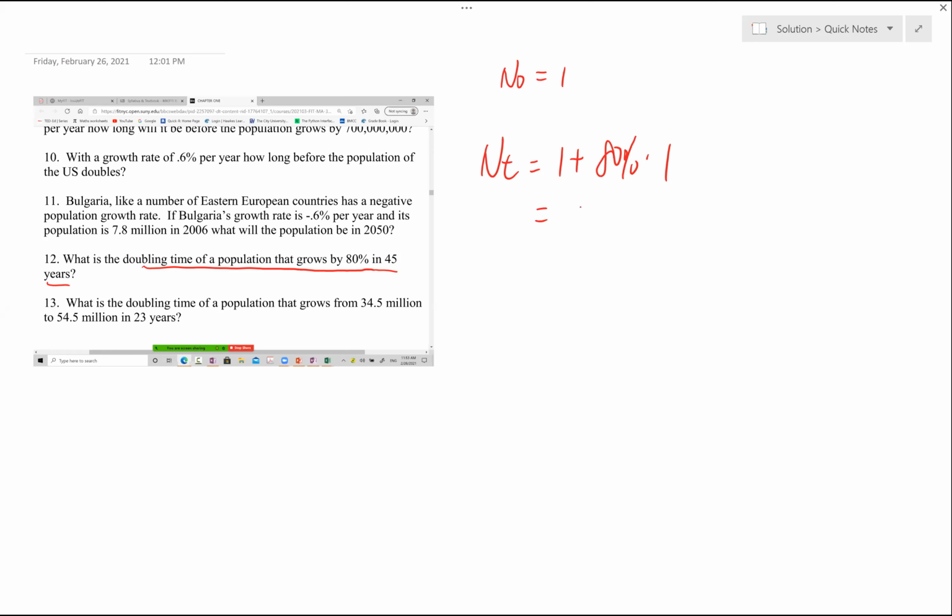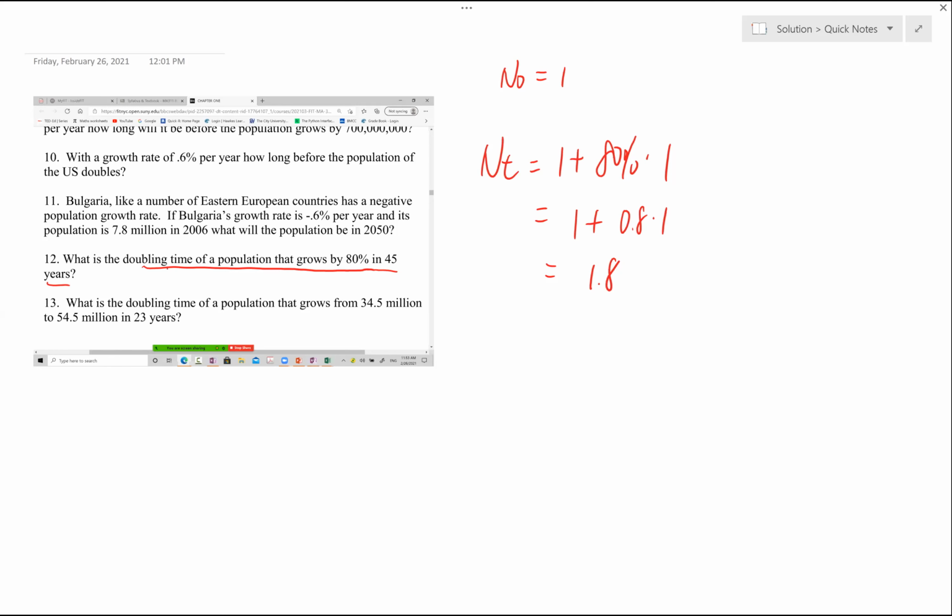That probably would be easier. So 1 plus 0.8 times 1 turns out to be 1.8. That means after 45 years, the population becomes 1.8 times as much as the initial population. So we're assuming the initial population as 1 unit, and now it's 1.8 units.